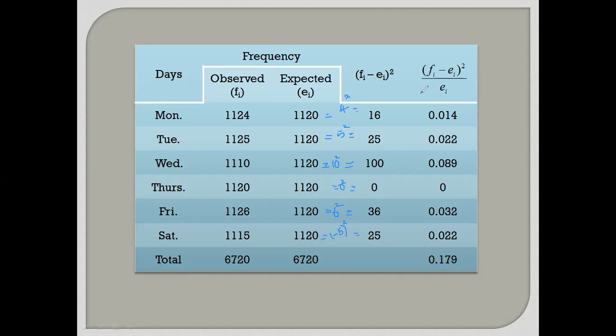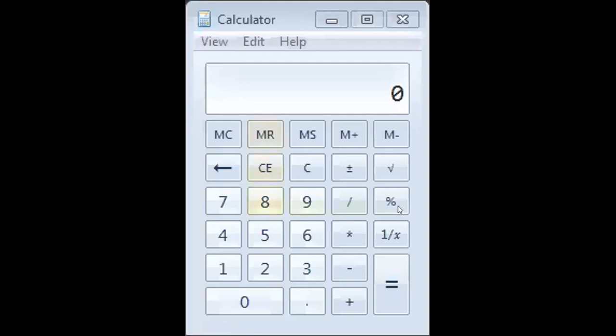Now I am dividing each value by the Ei value. Our Ei is the same for all, so all the values I am dividing by 1120.